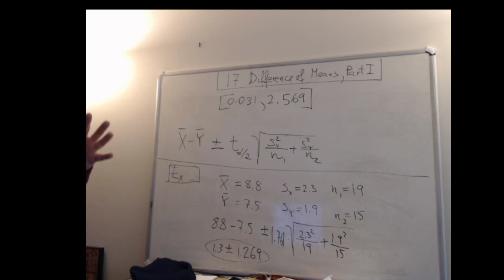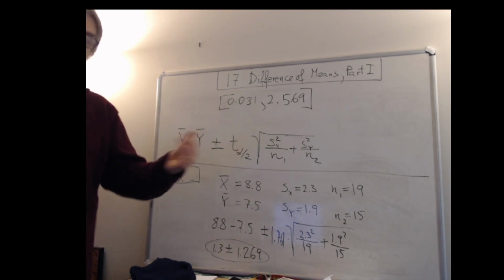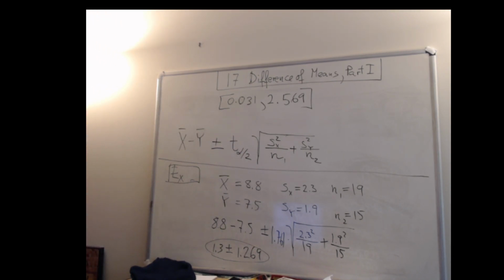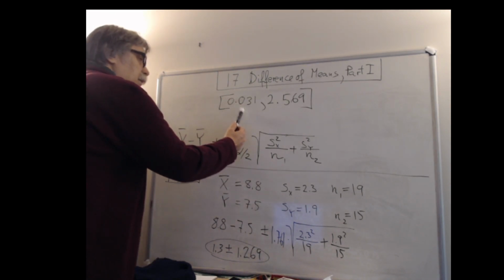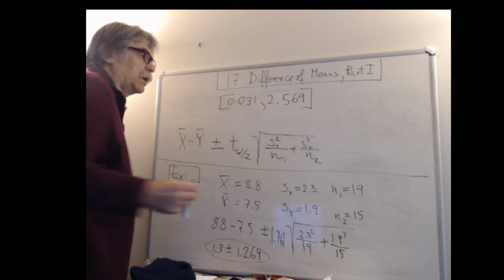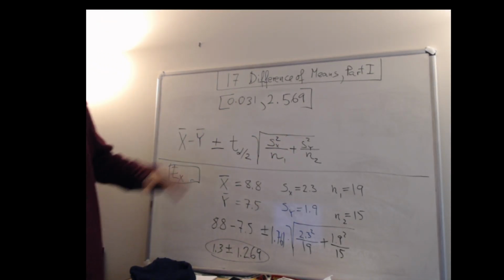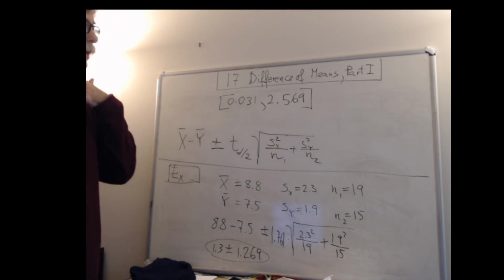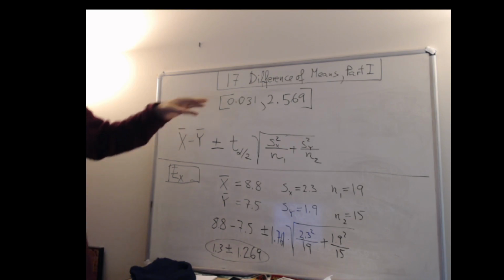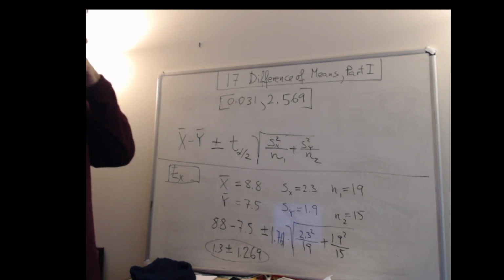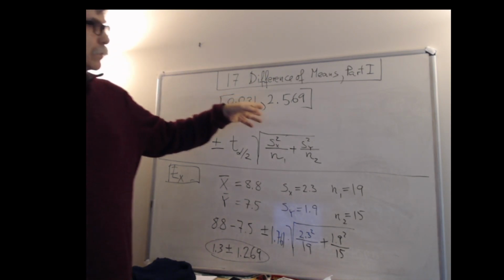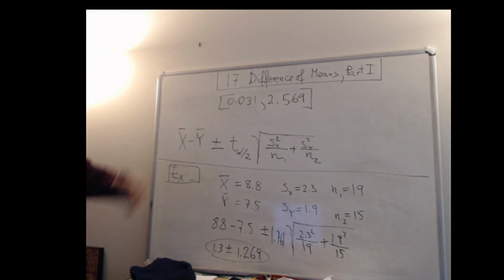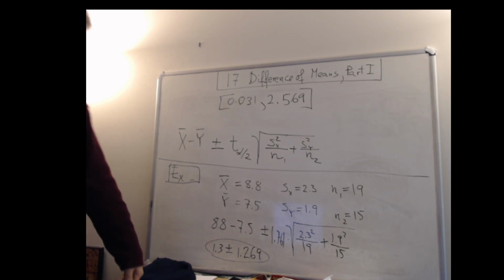So the difference of the wingspan of an island and a continental bird here is somewhere between this many inches all the way up to this many inches. It could be as little as a third of an inch, or excuse me, a 30th of an inch, not a third. Third would be if I have 3 here, right? All the way up to 2.5 inches, 2.569 inches. Okay, that's our estimate.